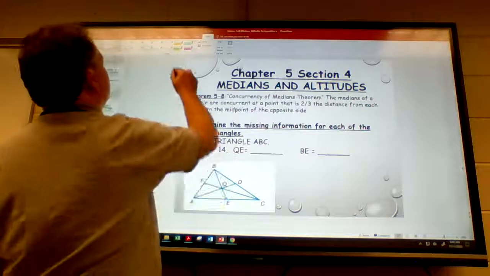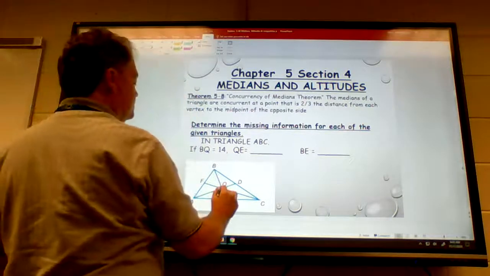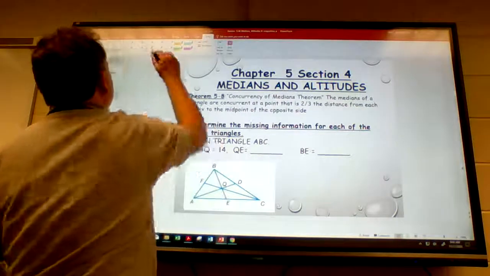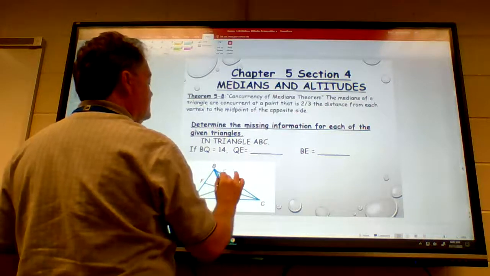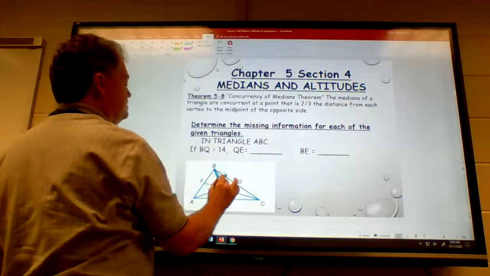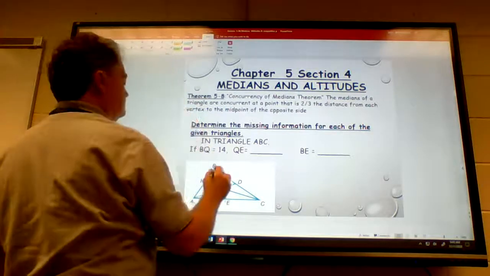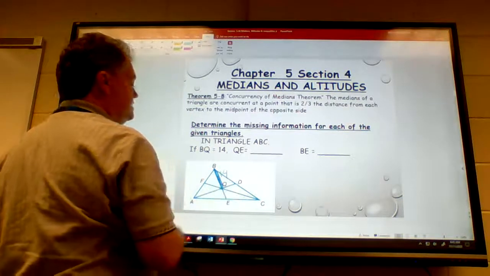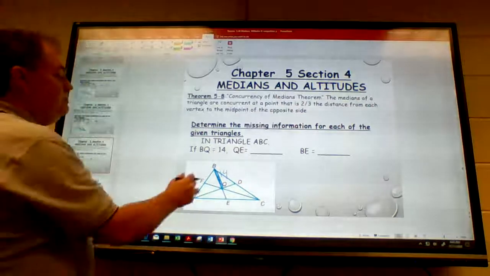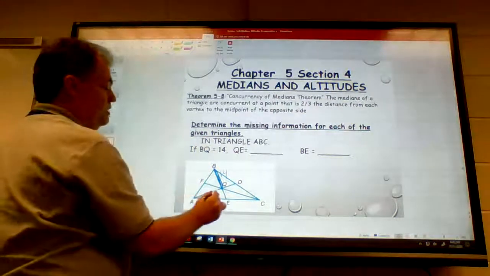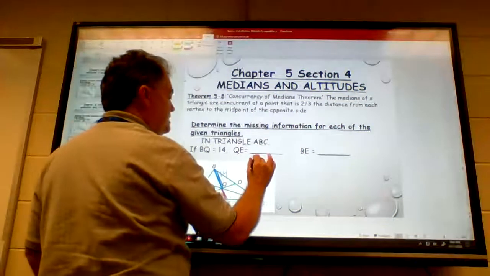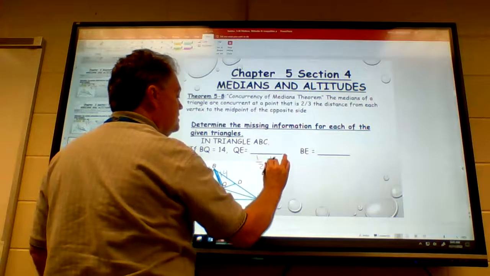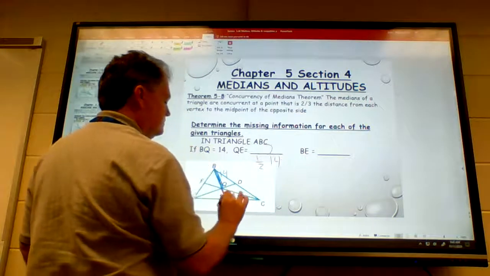Okay, now this time we're given that BQ is the bigger portion. And I'm highlighting that in blue. And it is 14. I wrote the wrong number down. It is 14. All right. So now we said earlier that the bigger portion is twice the smaller portion. So half of 14 is QE. So QE is 1/2 of 14, which is 7.